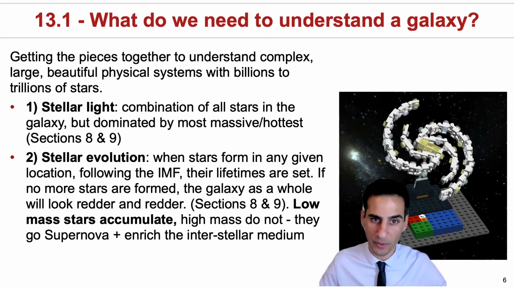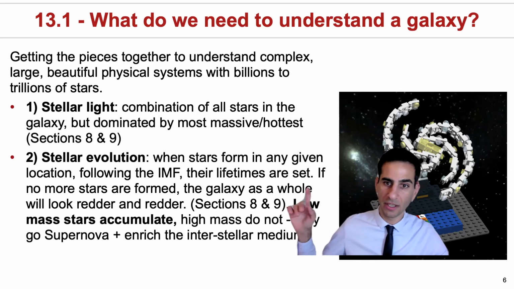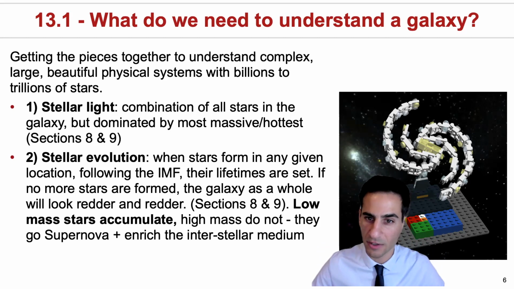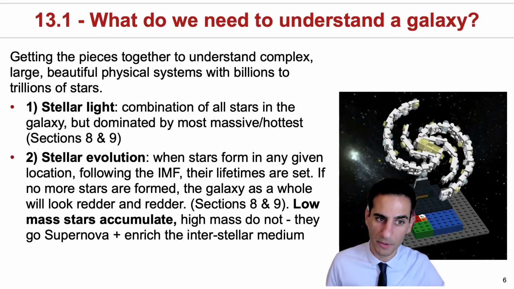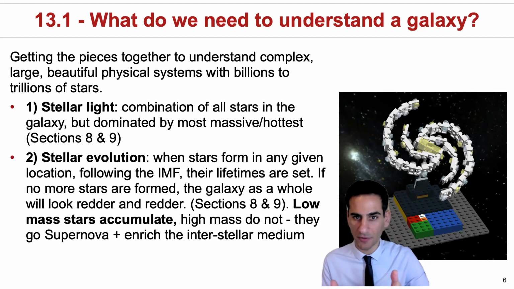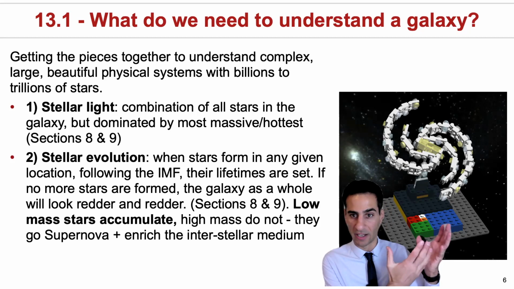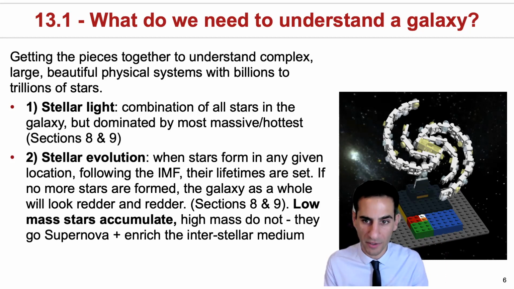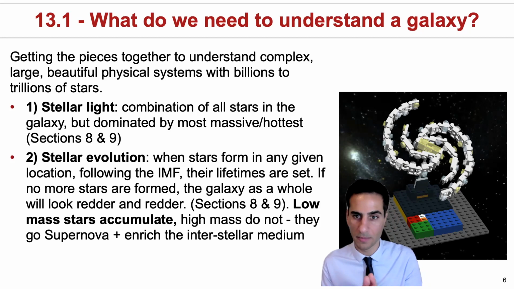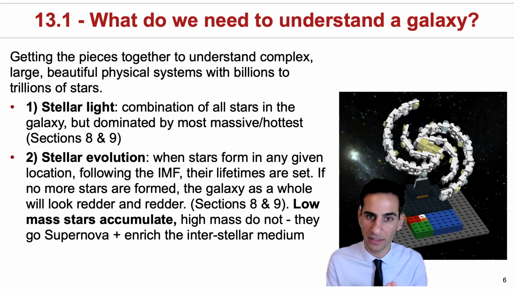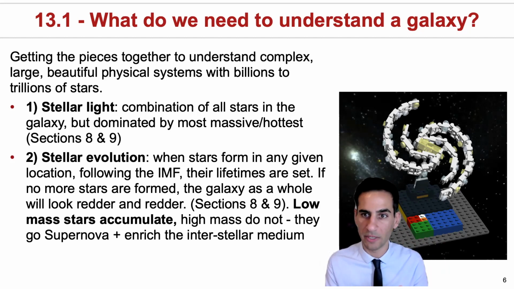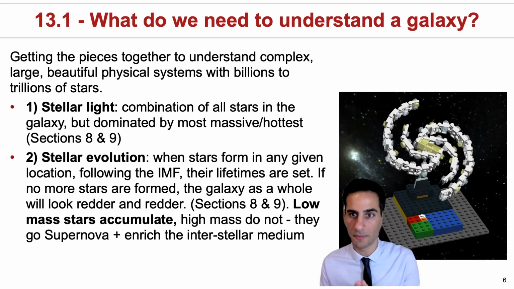We've seen in section 9 that when stars form in any given location, they will essentially follow the IMF. That means stars which are very massive are rare, and stars that are low mass are very common. But if we let a stellar cluster, for example, evolve, and this will be the case for a galaxy as a whole, if we let the galaxy evolve without forming any more stars, essentially as the hot, massive types die off and leave the main sequence, then the light of something like a galaxy will become dominated by colder and colder spectral types.